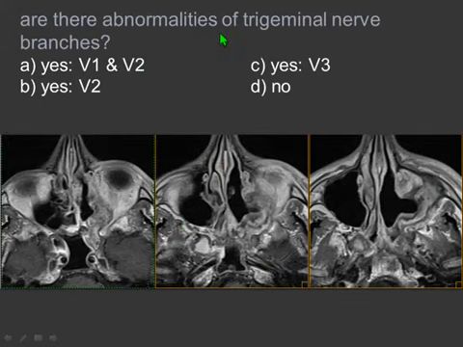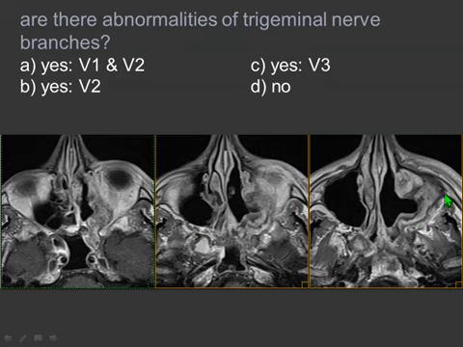And because the patient is showing symptomatology related to the maxillary nerve, do you see any abnormality of the trigeminal nerve branches? Looking at these three axial planes, are abnormalities present: the ophthalmic and maxillary, only the maxillary, the mandibular branch, or none?